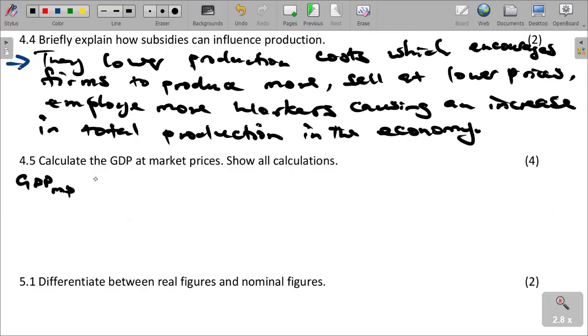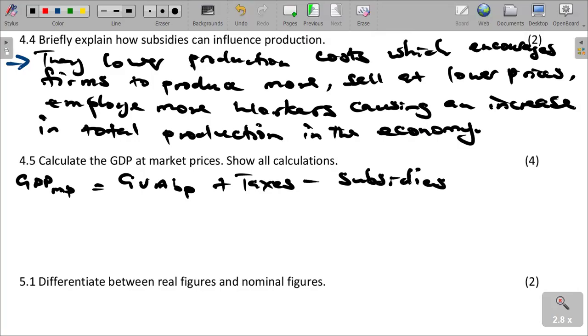GDP at market price is equal to GVA at basic price, plus taxes, and then minus subsidies. That must be known.